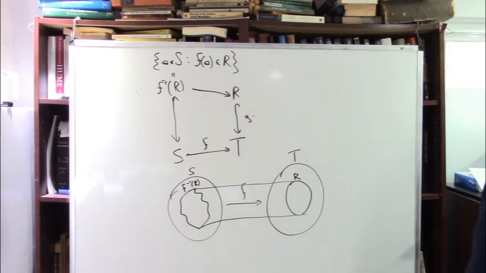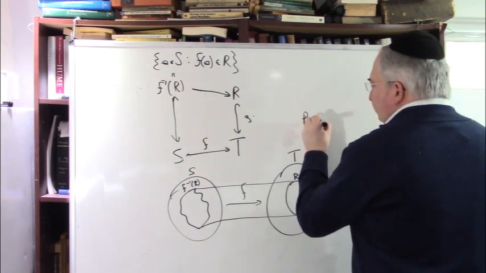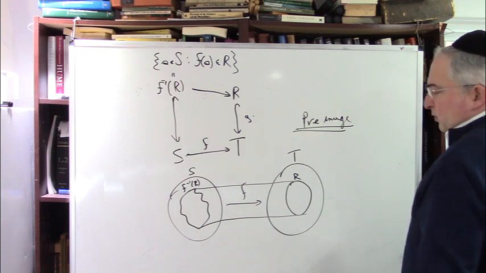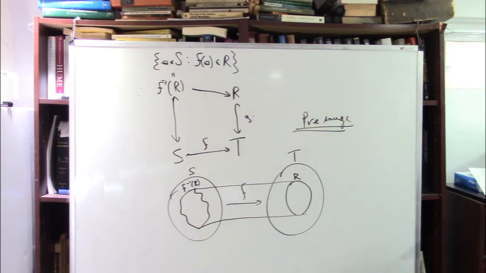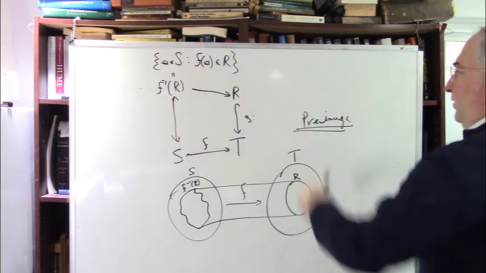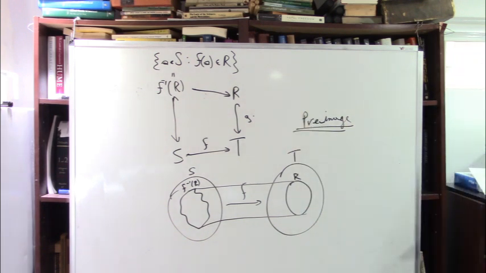And it has a special name called, not a fiber product, but a pre-image. We're going to use this a lot when we talk about power sets. So it's the pre-image of F of R. Okay, great.